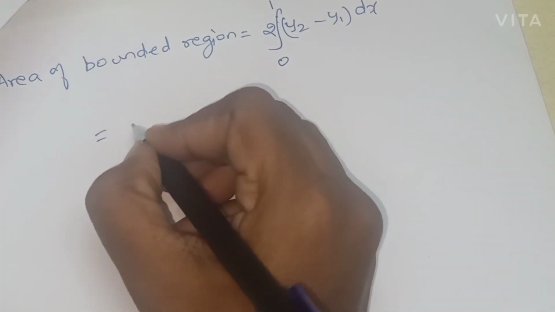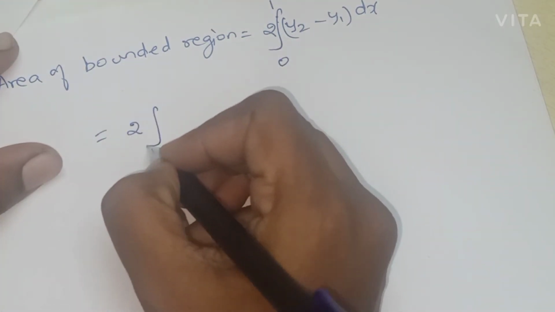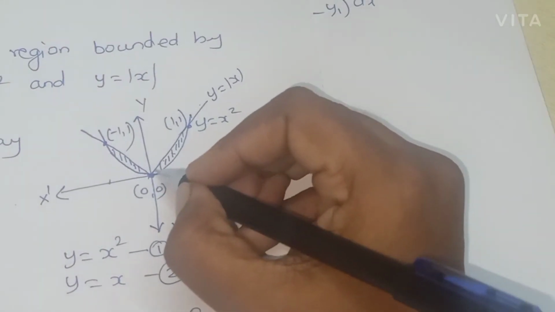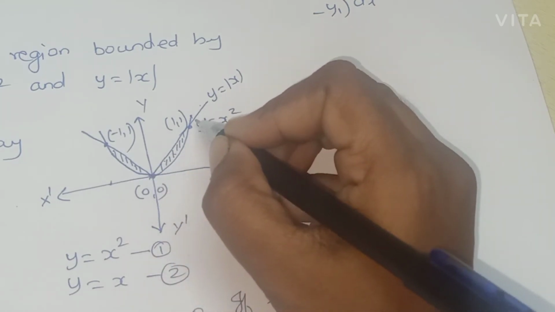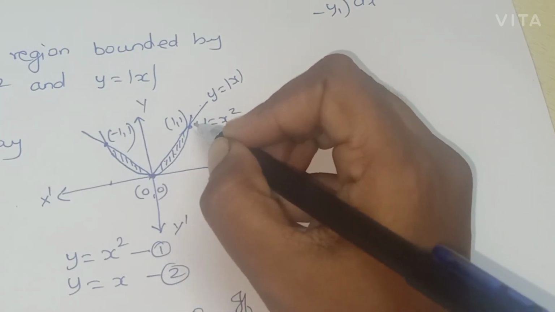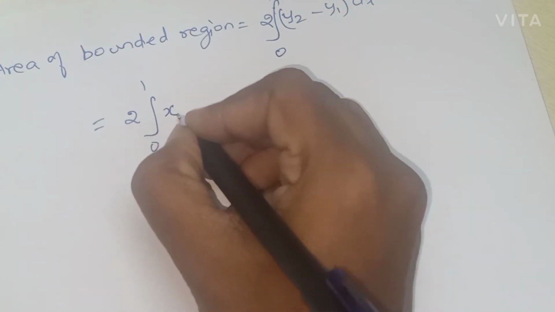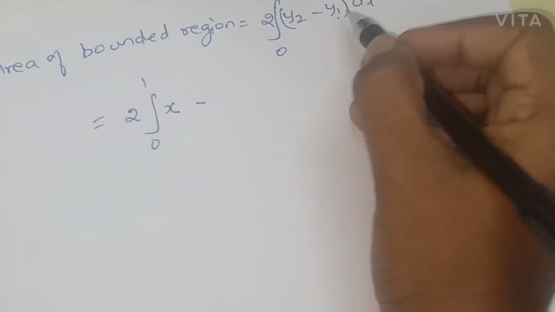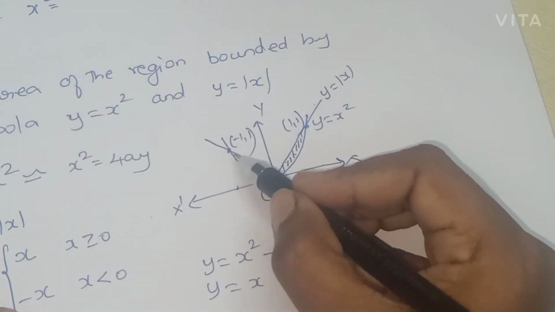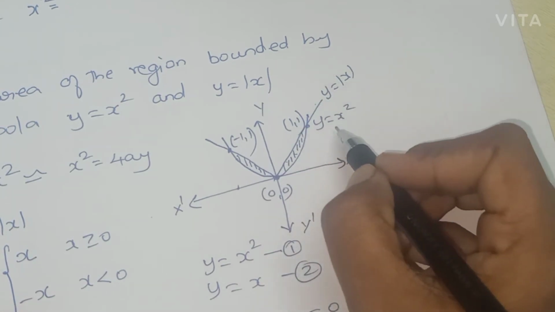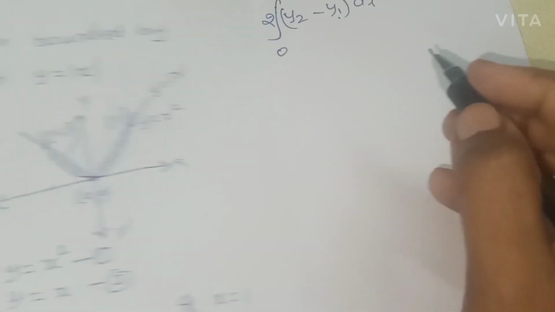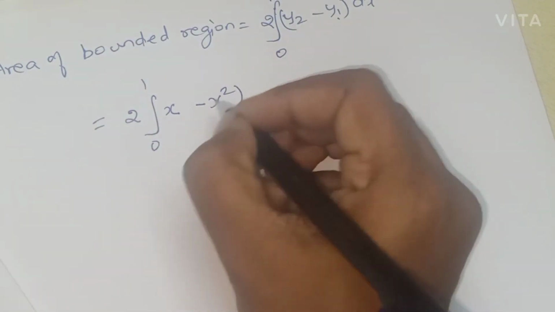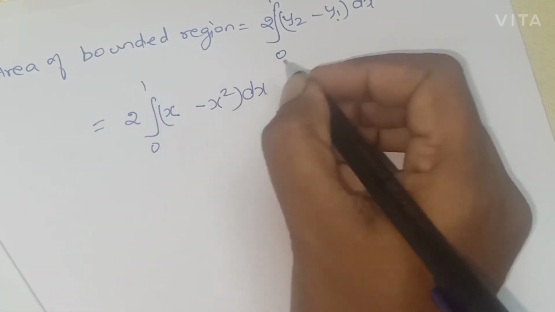So this is equal to 2 integral 0 to 1 of y2, which is the line equation. The line is y is equal to modulus x. Here we have positive value, so y is equal to x, minus the parabola. The parabola equation is y is equal to x square. Is it clear?